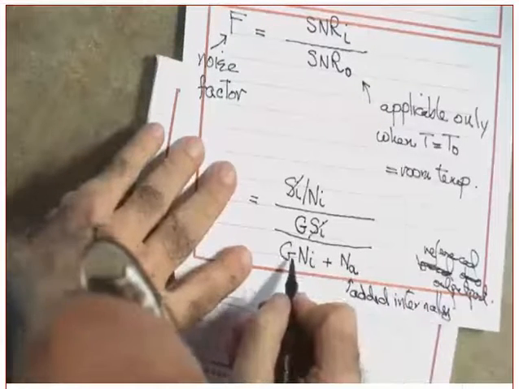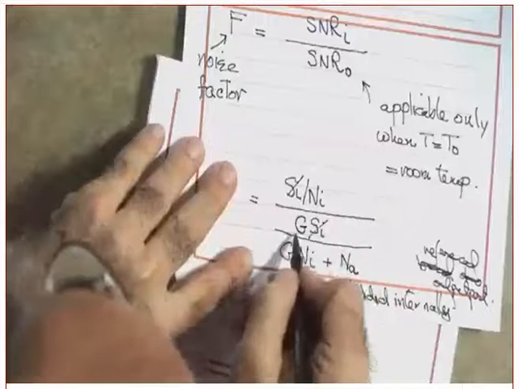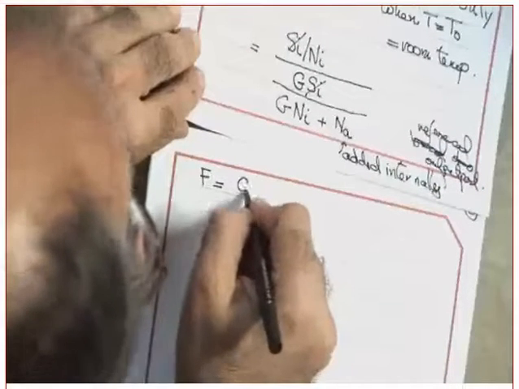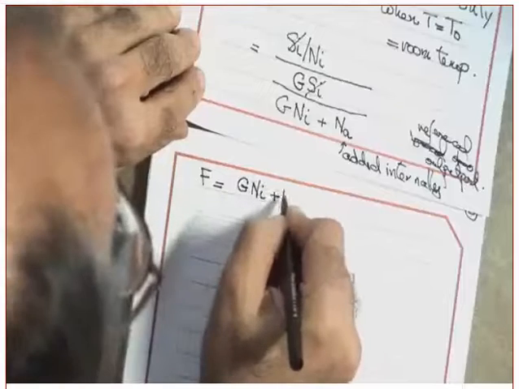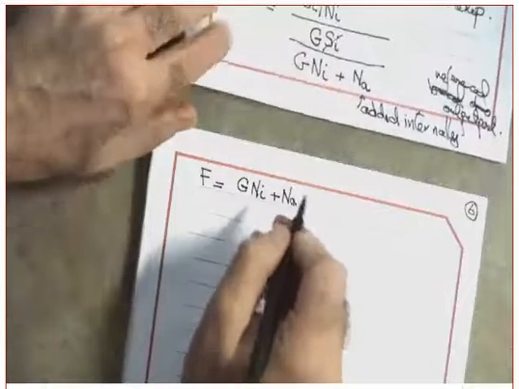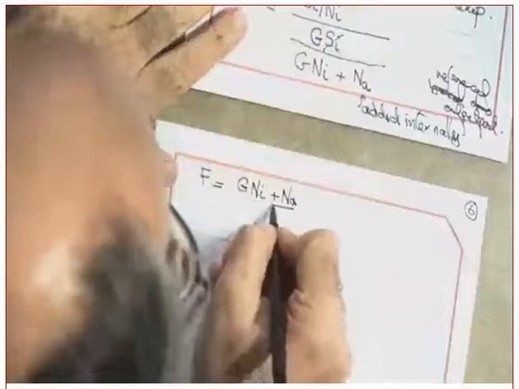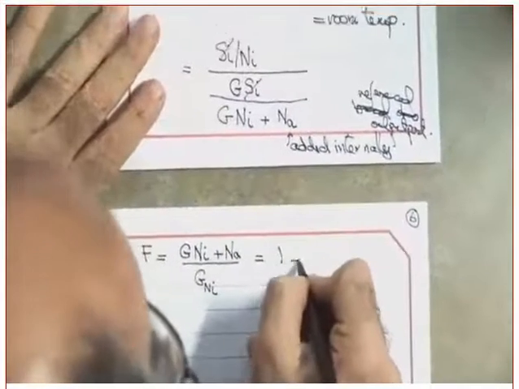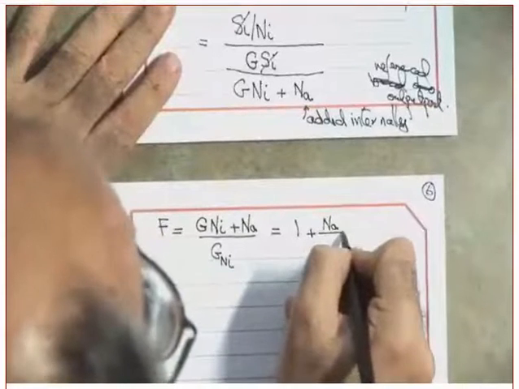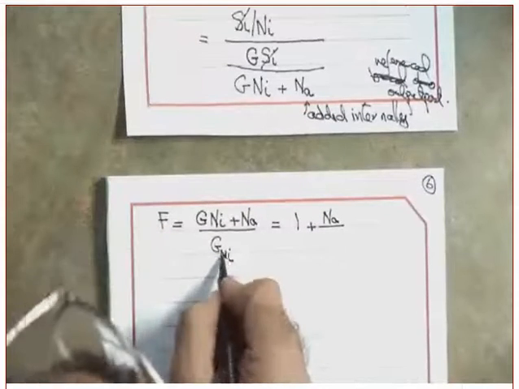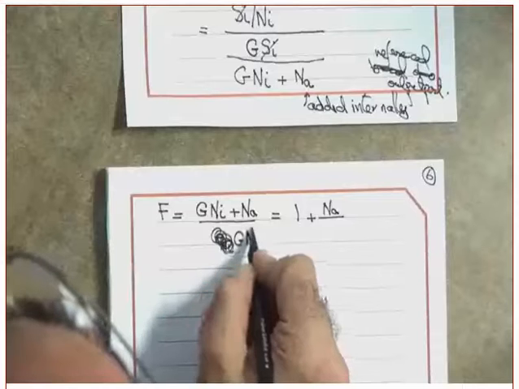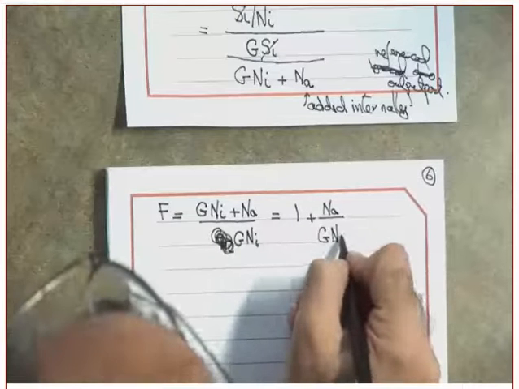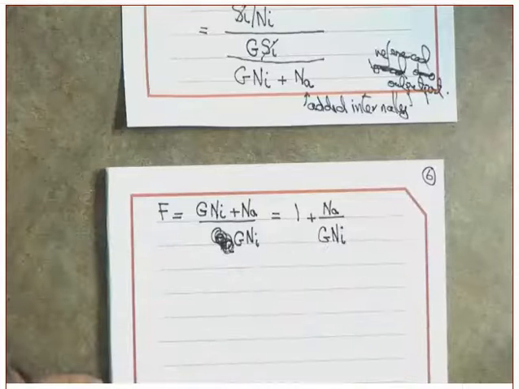So F is equal to G NI plus NA, this one referenced to the output, divided by G NI, which is equal to 1 plus NA divided by G NI. Yes? G NI. Clear?